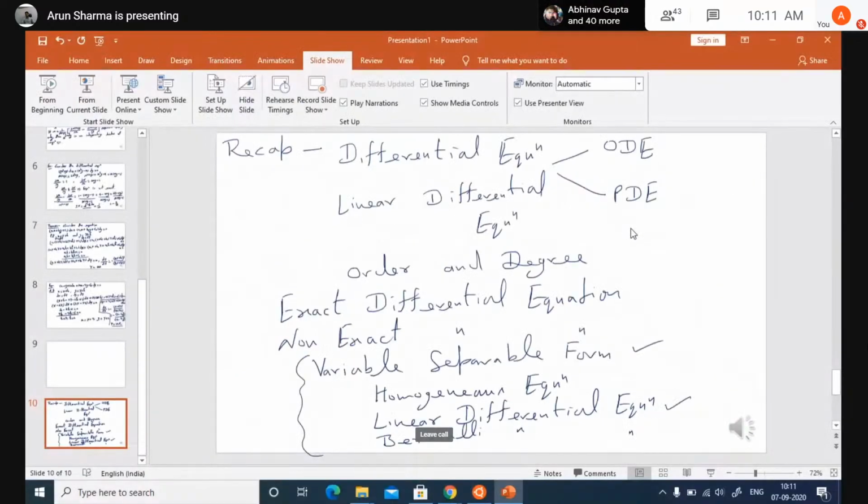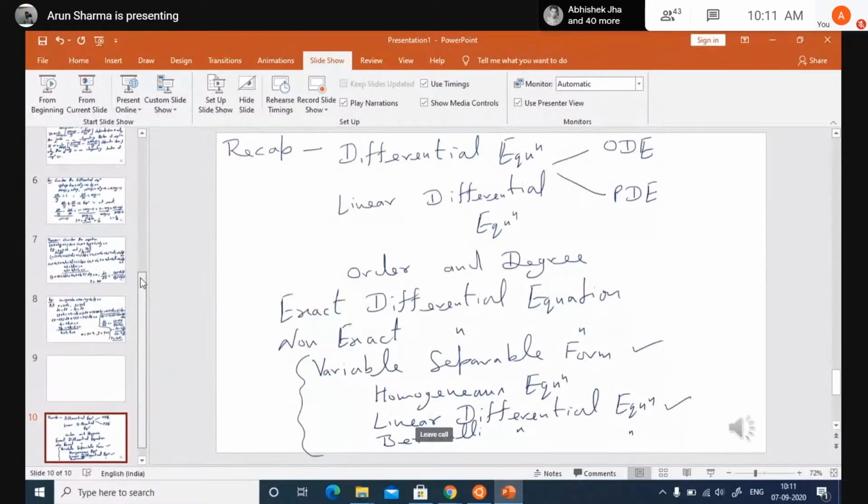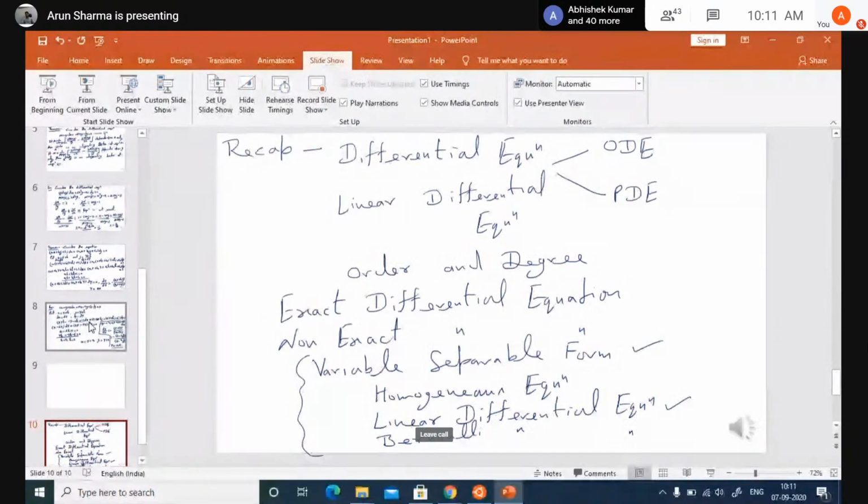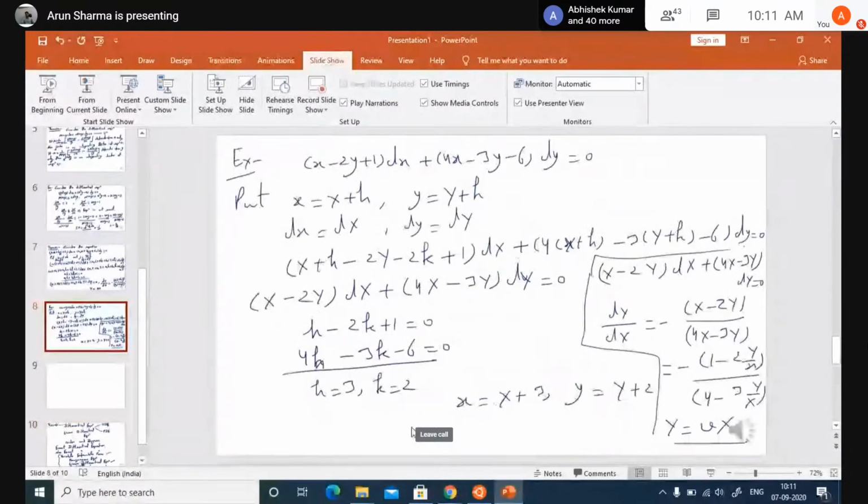So please tell me which slide you want to see. कौन सी स्लाइड देखनी है आपको? Sir, sixth.